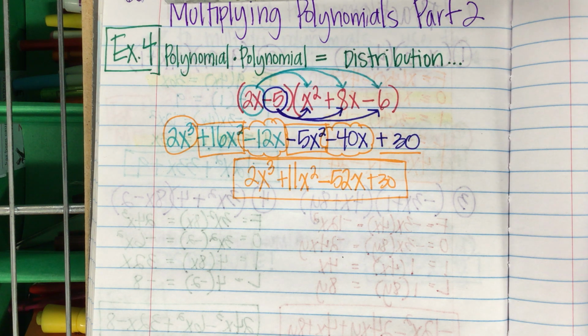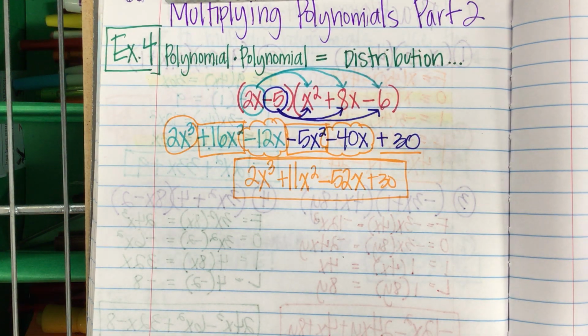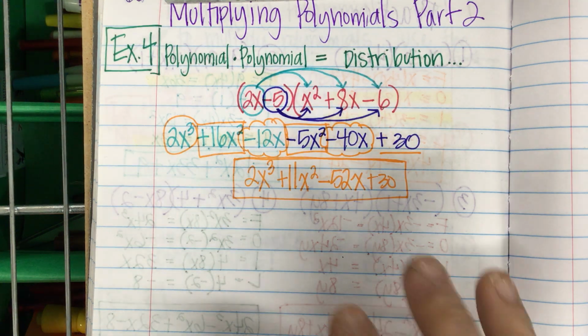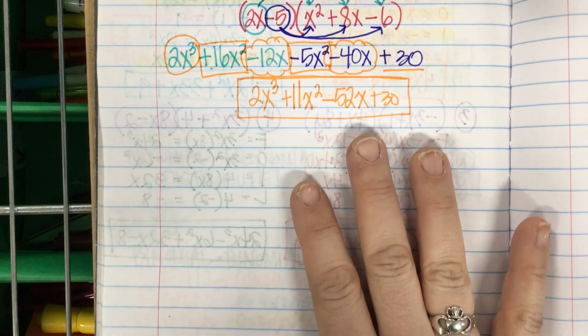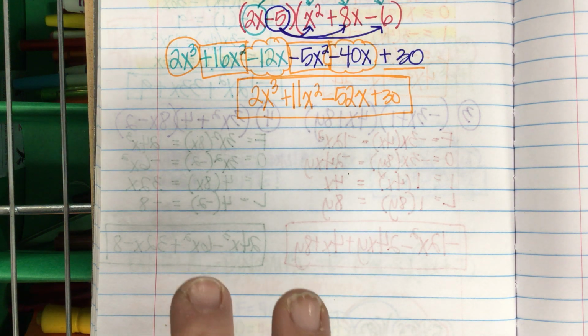Now it can get a little messy looking, especially if it's a trinomial times a trinomial, or a trinomial times a 4-term polynomial. The bigger it gets, the messier it looks. So what we use sometimes to make our lives a little prettier is we put it in a grid. We organize it in a grid. So let's do this example.